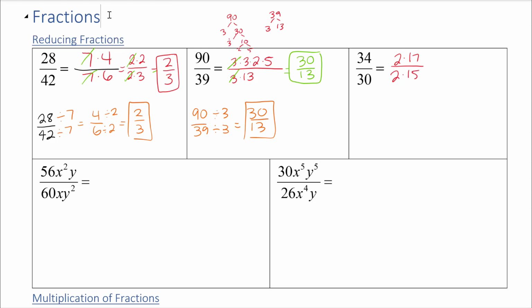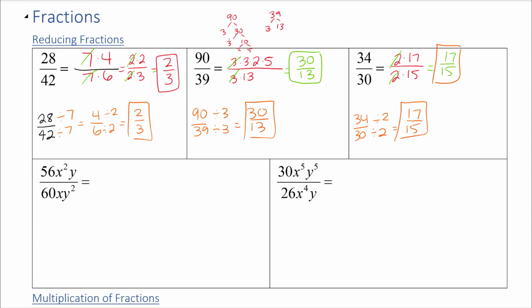And notice that the 2's divide nicely, and I'm just left with 17 over 15. If I wanted to do it another way, I could have taken 34 over 30 and noticed that they both are divisible by 2. And that leaves me with 17 over 15. Now notice 17 and 15 can't go any further, so that is completely done.